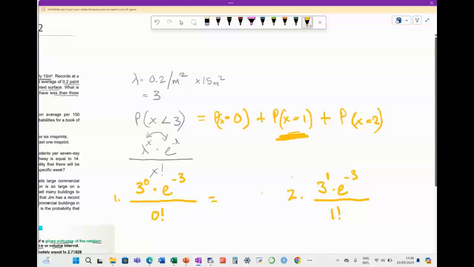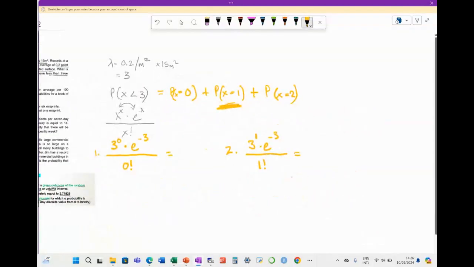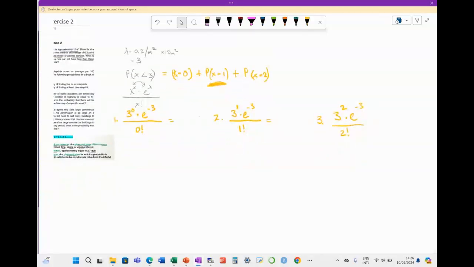Okay, you get your answer here. Then the last one that we need to add is 3 to the power 2 times e to the power negative 3. And then here's 2 factorial. You get the values over there.